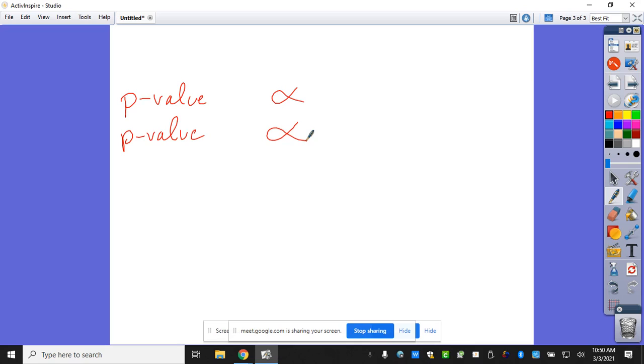When I get to right before concluding, I want to know if my p-value is what alpha. Or not less than. If it is less than, then I do what? What did I call this one?